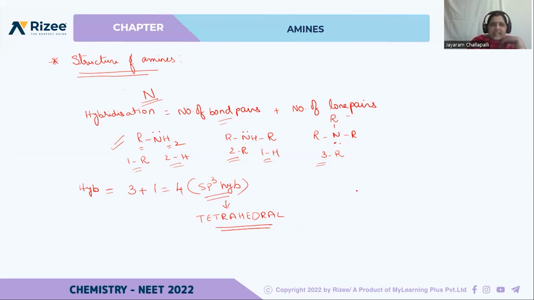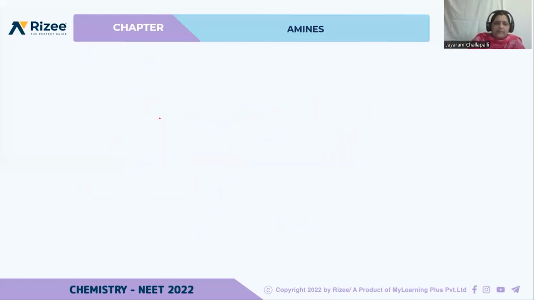But in the case of amines, a perfectly tetrahedral structure is not possible, only similar to tetrahedral. Why? Because of this lone pair of electrons. So if hybridization is sp3, it should show a tetrahedral structure, but here in amines it is not showing a tetrahedral structure.